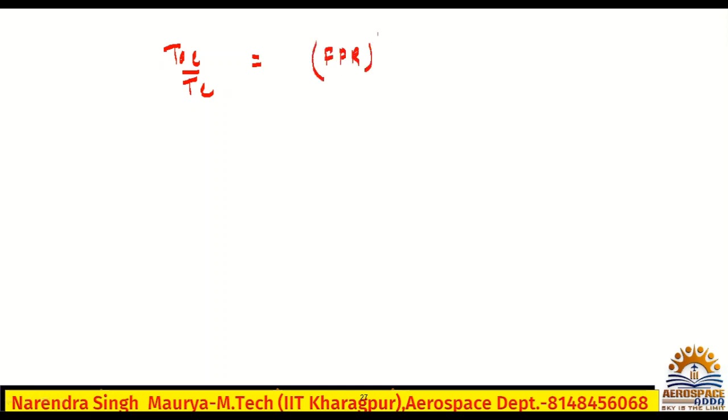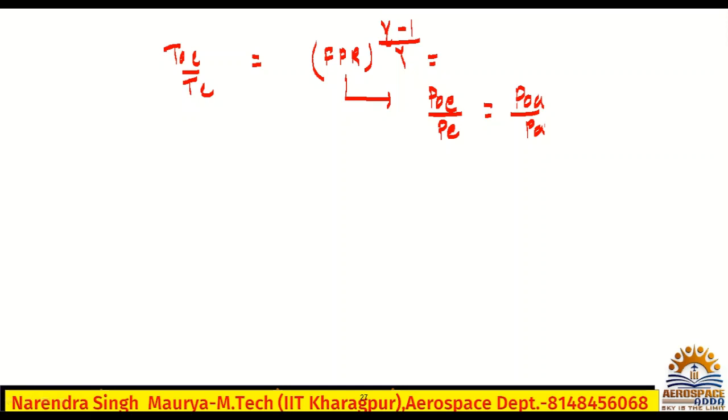It is nothing but to the power gamma minus 1 by gamma, because it will be fan pressure ratio. And this fan pressure ratio is what? You can say P naught E by PE, or you can also say P naught A by PA.